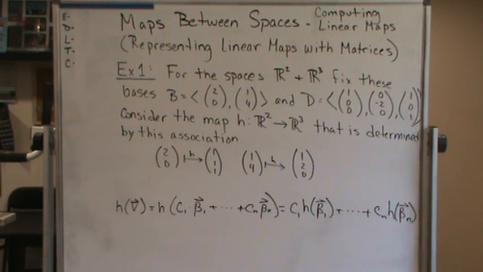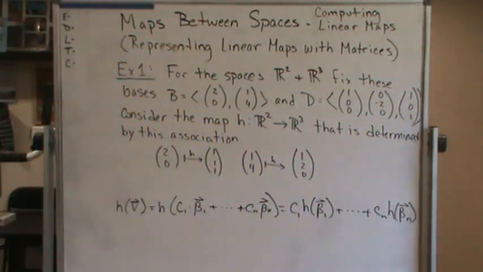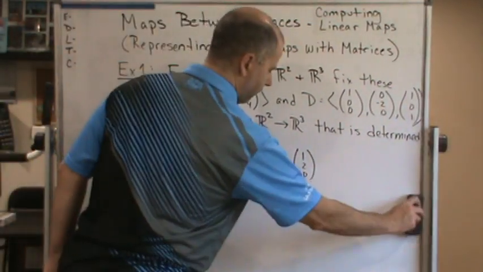And this section gives a convenient scheme based on matrices to use this representation to compute, from the representation of a vector in the domain, the representation of that vector's image in the codomain. Okay, and so that's what we're going to do in this example here. Okay, to start things off.